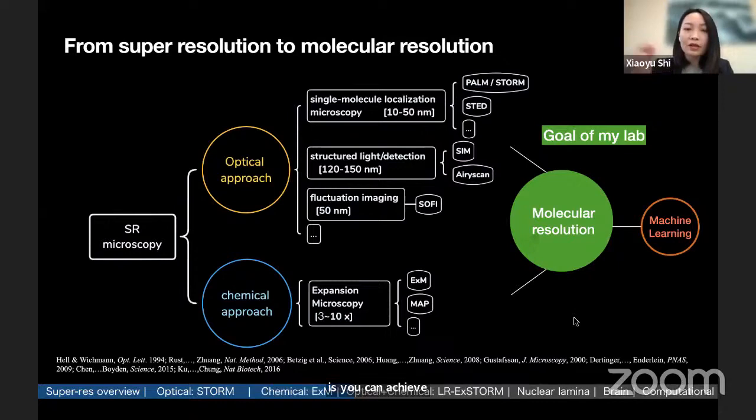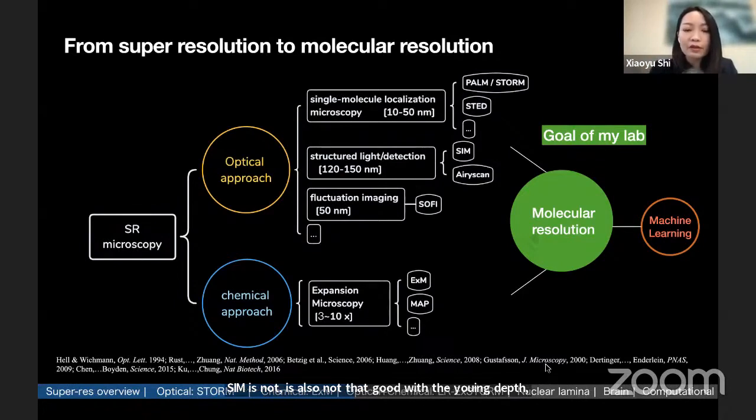For example, all these optical super resolution microscopy methods listed here, most of them have a limitation for the imaging depth. For example, STORM can only guarantee you the super resolution for 2 microns in Z. Beyond 2 microns, you lose the super resolution. Similarly, SIM is also not that good with the imaging depth, and if it's more than 2 microns, again, you lose resolution.